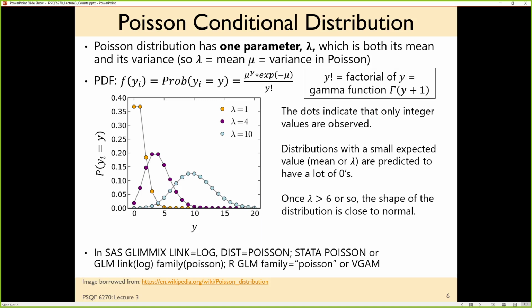That's just a reminder that it doesn't predict in between values. The original outcome has only integers in it. That means that we can't use a Poisson for things that have non-integer values, like response time or minutes of walking per week, where you can have partial minutes. You can't use this distribution for that type of data.